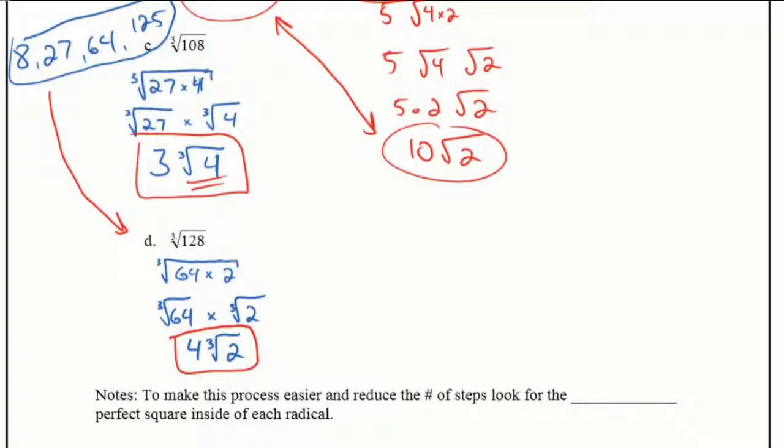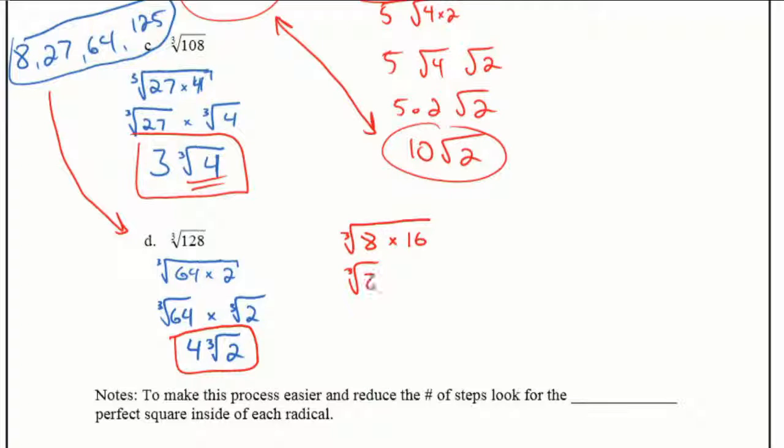If you had done the question and you went 128 and you divided it by 8, you would have got 16. So as an alternative method, you could have done it like this. You could have said 8's a perfect cube times 16.